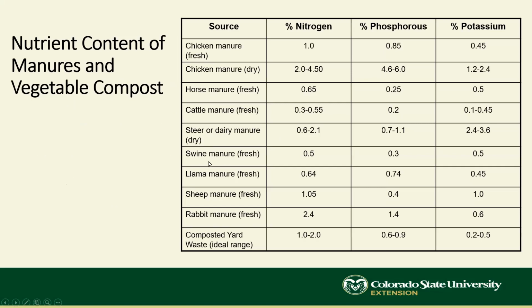I put this slide up there just because I think it's kind of fun. It just shows you there's lots of different types of manure. They all have sort of a low nitrogen percentage when you compare it to other nitrogen sources. But this is kind of the breakdown of the 3 primary nutrients that plants need.